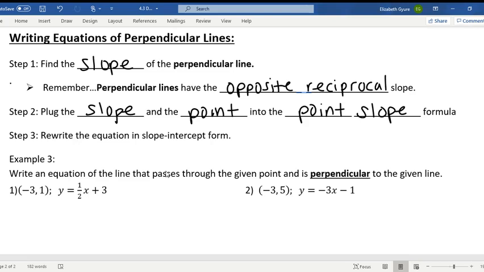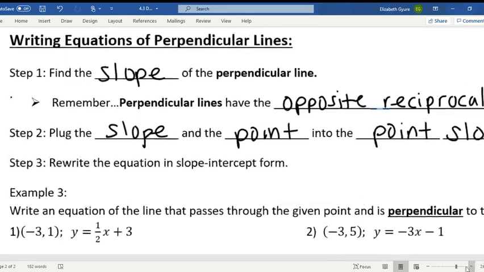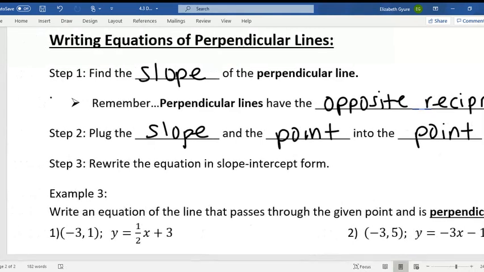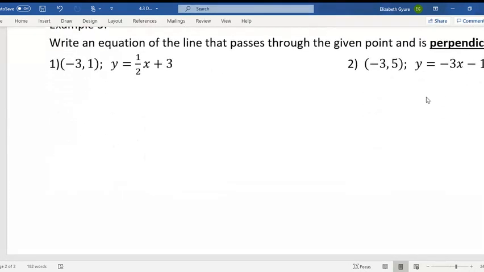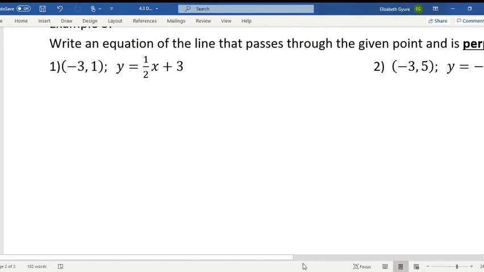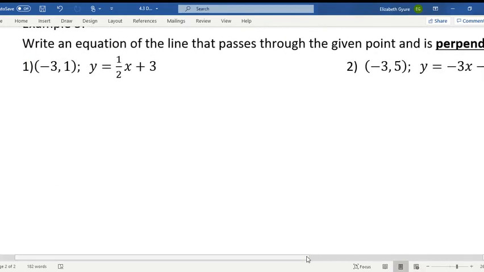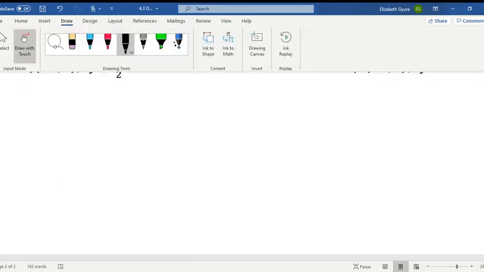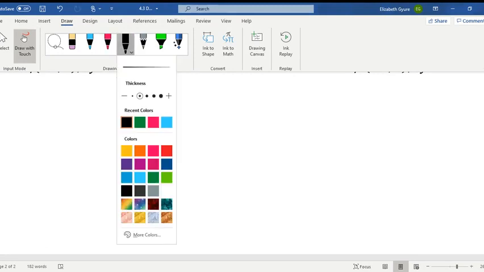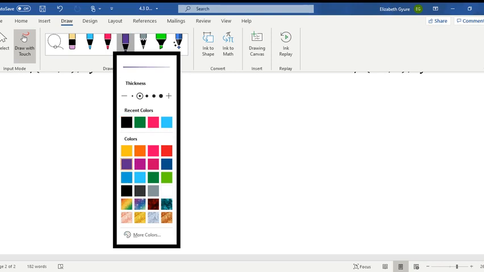Now we're going to look at our equation and figure out what the opposite reciprocal slope would be. So if you look at number 1, we have a point.